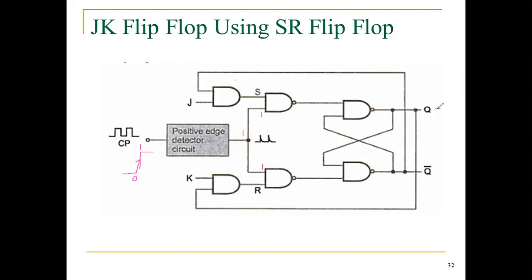Now I assume my initial Q is equal to 0, hence Q bar equal to 1. This is the one case. Then another case is also there: Q equal to 1, hence Q bar equal to 0. This is another state we will discuss now. Later we will come to the conclusion.